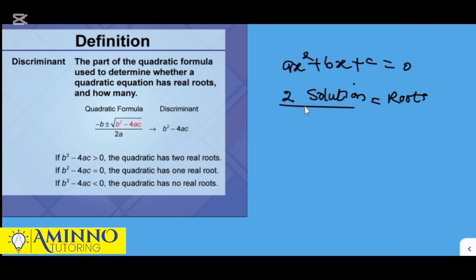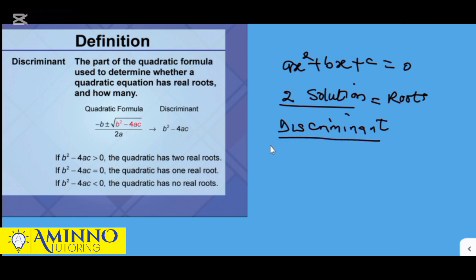Is it real and unequal? Or is it complex? There are 3 natures we want to consider, and these can be understood by what we call the discriminant.